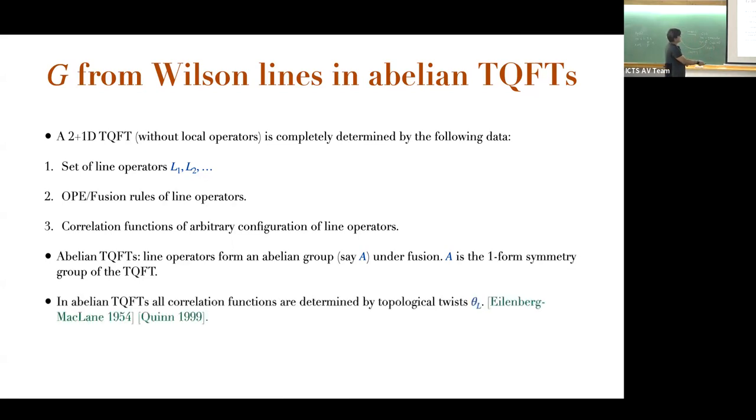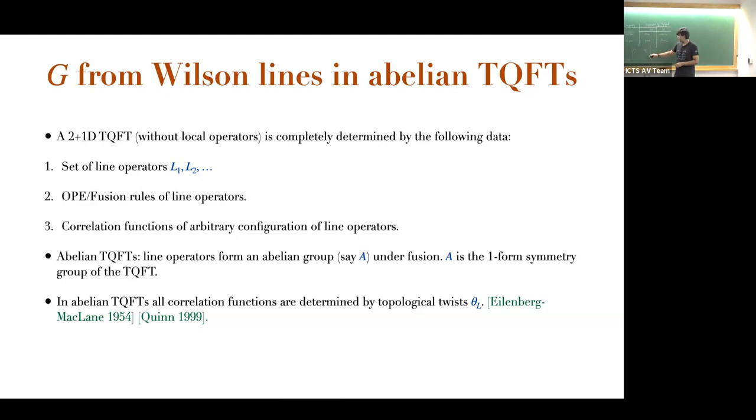Now for these TQFTs, correlation functions of arbitrary combinations of line operators are completely determined by what are known as topological twists. If I take one of the line operators and straighten it, this comes at the cost of a root of unity, and this is the topological twist.